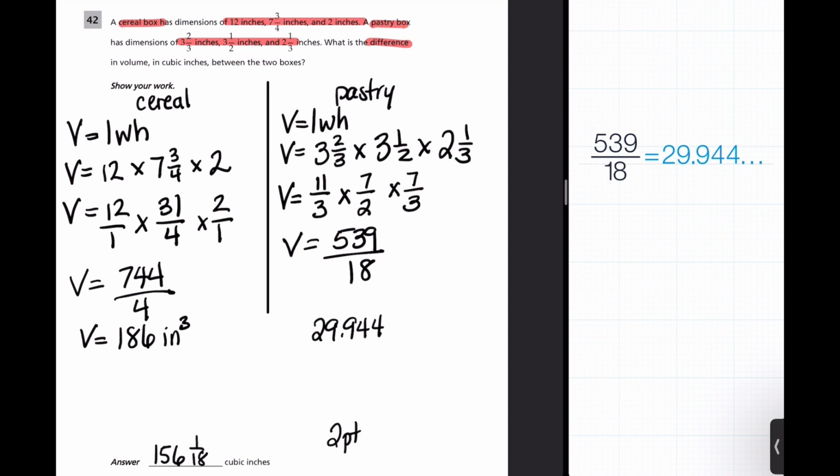you would probably end up having to round and then do 186 minus this number. So it's not going to be that. It's not that it's incorrect. You can do this. So if I just left it this way, and I would do 186 minus 29.944.